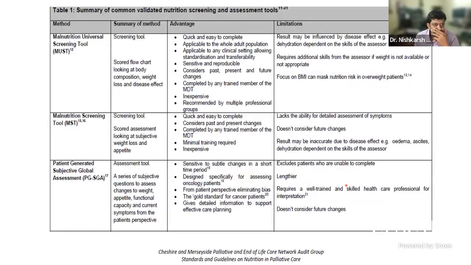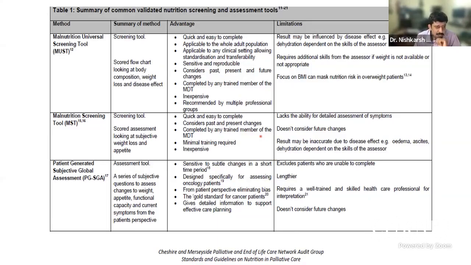The Malnutrition Universal Screening Tool is easy and inexpensive, but it focuses on BMI and can mask nutritional risk in overweight patients. Then the Malnutrition Screening Tool is also easy, completed by any trained member of the multidisciplinary team. Minimal training is required, but it doesn't consider future changes.